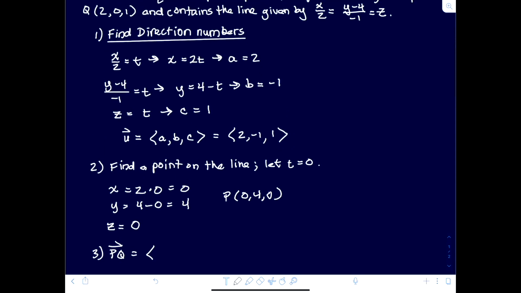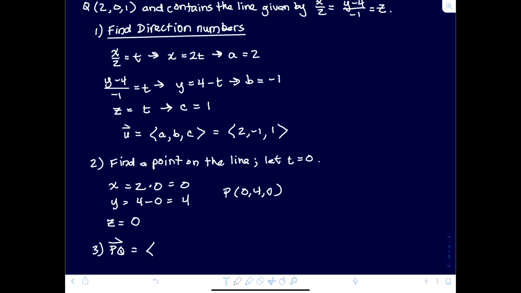Q, remember, was (2, 0, 1). So we'll have 2 minus 0, comma, 0 minus 4, comma, and 1 minus 0. So that directed segment, PQ, will be <2, -4, 1>.